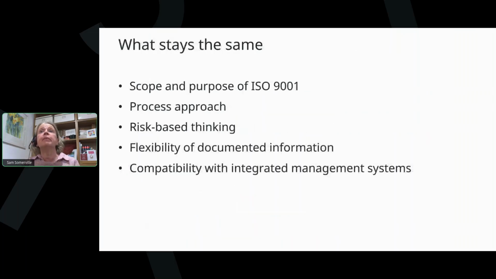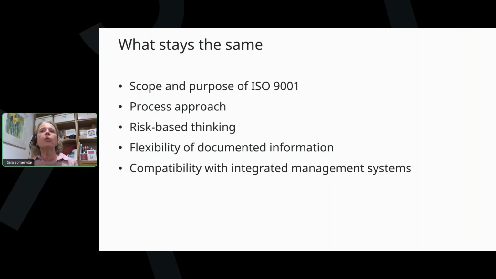So what stays the same? It's really important to be clear here about what has not changed. We mentioned before the scope and purpose of ISO 9001 remain the same. The process approach and risk-based thinking are retained. Flexibility around documented information remains, and compatibility with integrated management systems with other ISO management systems such as 14001, 45001, 27001 remains unchanged.